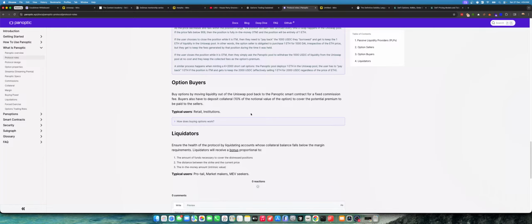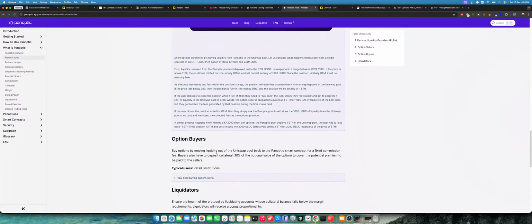Option buyers are like buying the liquidity from the Uniswap pool, and selling is basically putting it into the Uniswap pool.